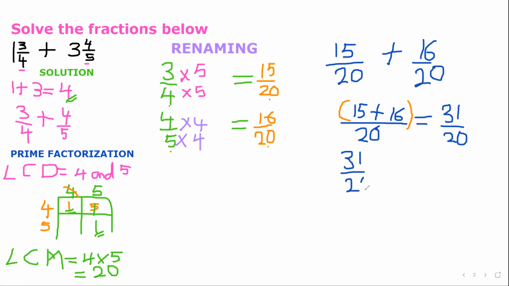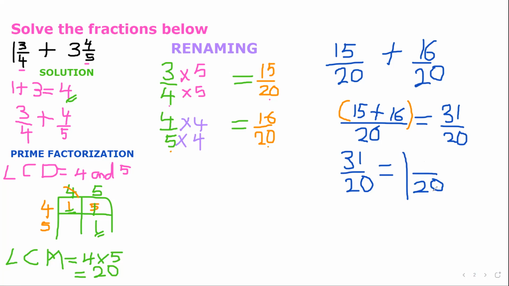Now we have the 31/20. If you want to change this one into mixed fraction, 20 goes into 31 how many times? Which will be 1. So you get 1 whole number here. The denominator will still remain the same.